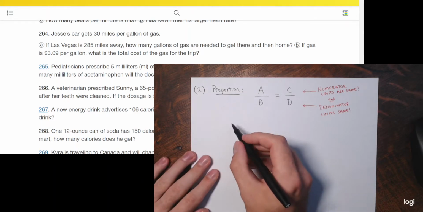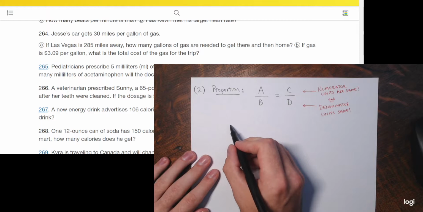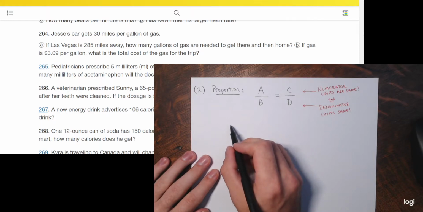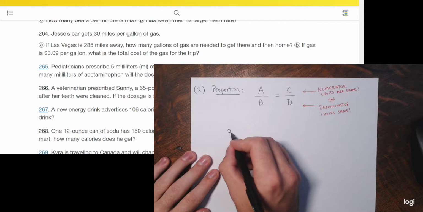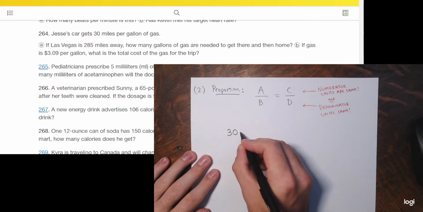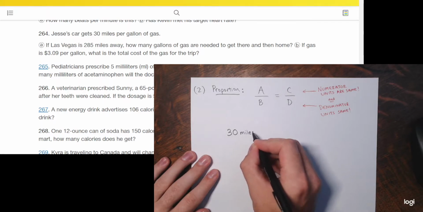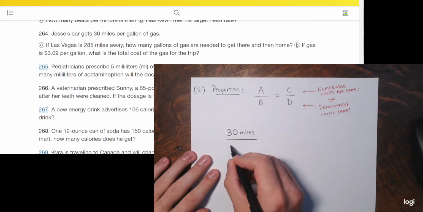So here, the left ratio is where we were given a rate of Jesse's car's gas mileage. Jesse's car gets 30 miles per 1 gallon.